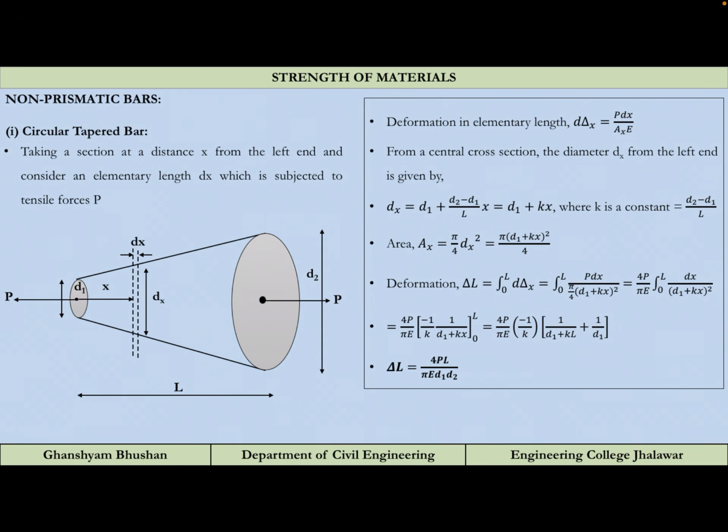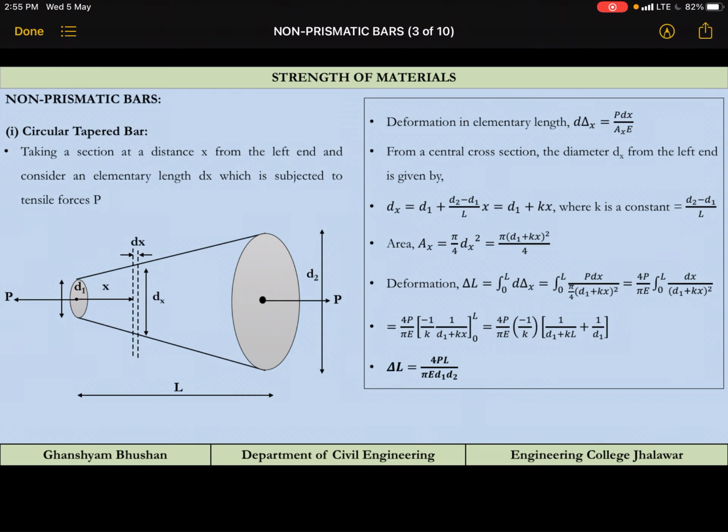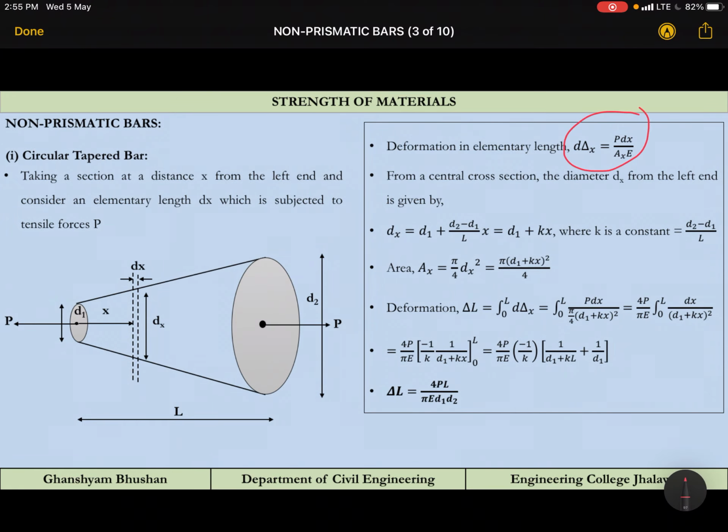Taking a section at a distance x from the left end and considering an elementary length dx which is subjected to tensile force P, as I have told you, the deformation will be P into dx divided by Ax into E. The cross section is circular, so Ax will be pi by 4 Dx square.